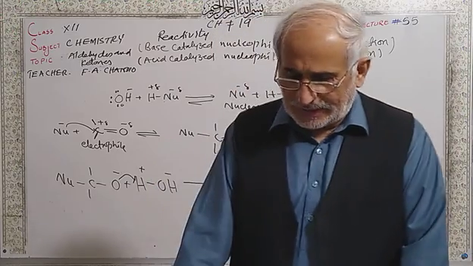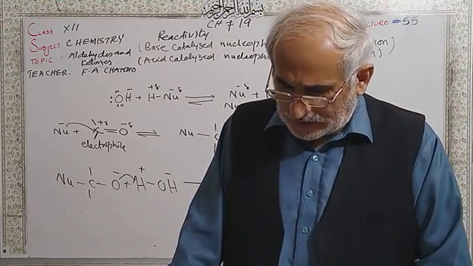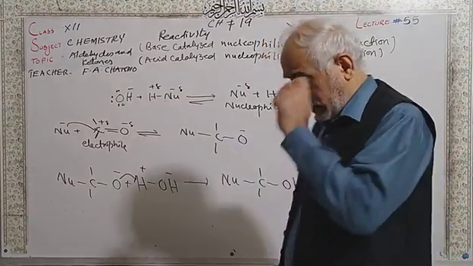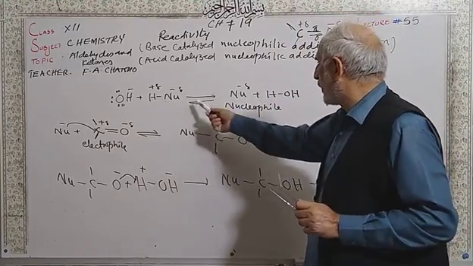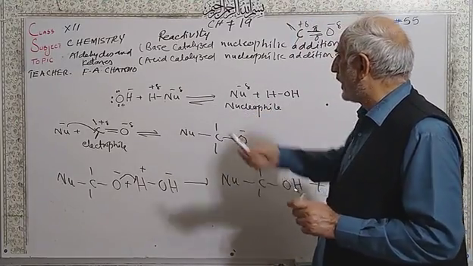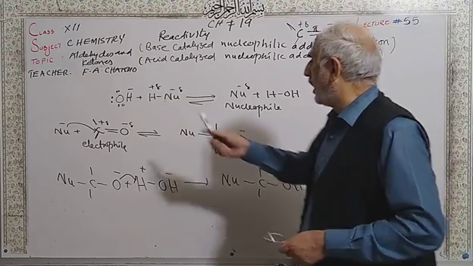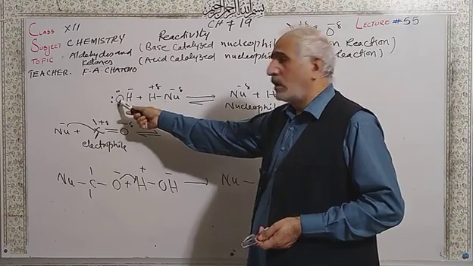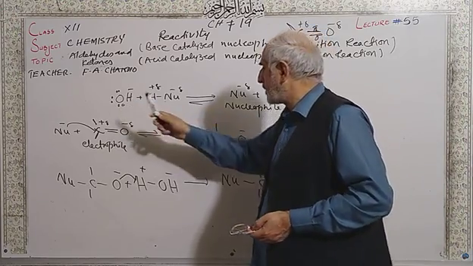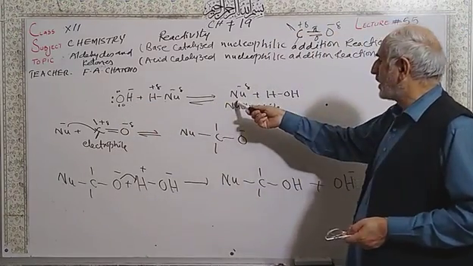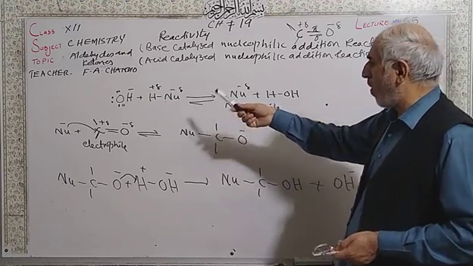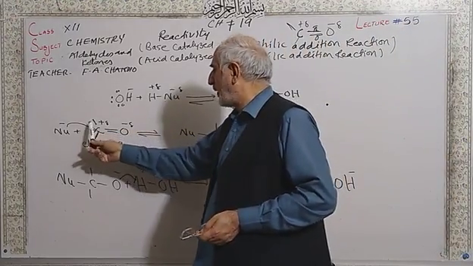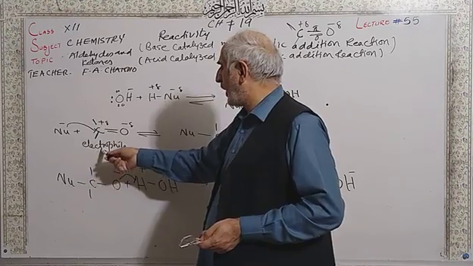A base catalyzed nucleophilic addition reaction takes place with a strong nucleophile. So we make a strong nucleophile from the compound, and this is a base catalyst. This is a stronger nucleophile, and it is going to attack the carbon substrate electrophile.